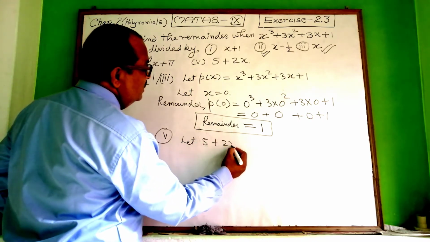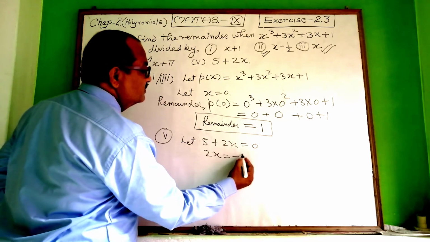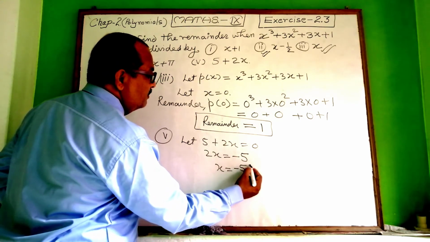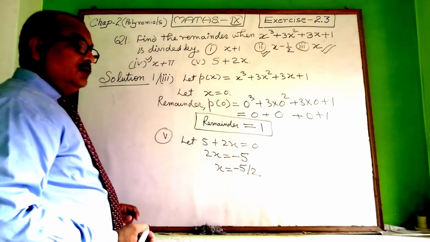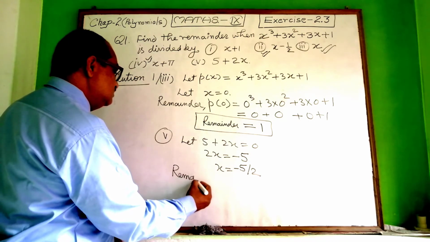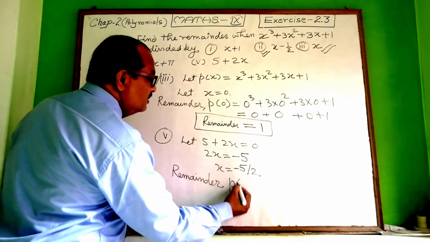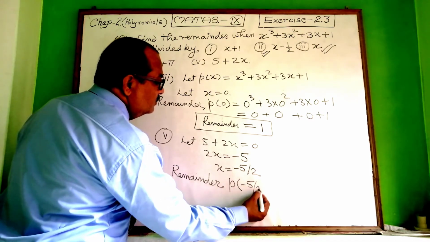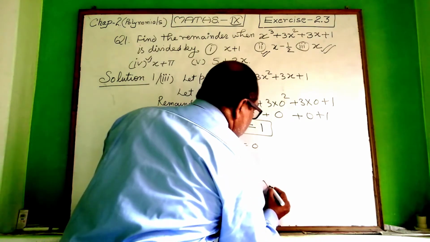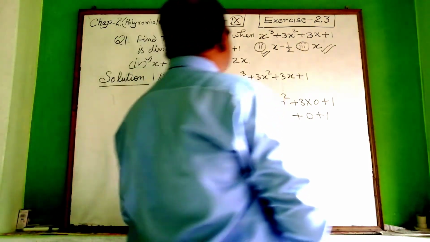Let 5 plus 2x is equal to 0. So 2x is equal to minus 5. So the value of x is equal to minus 5 upon 2. Now the remainder will become, you can see, remainder is equal to p(minus 5 upon 2). So you can substitute here in the given polynomial. You may see it.